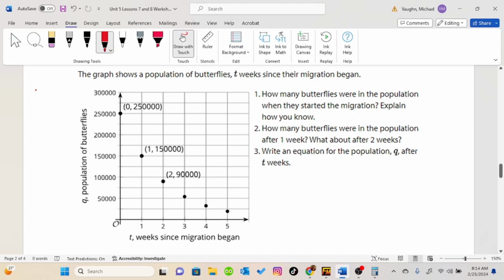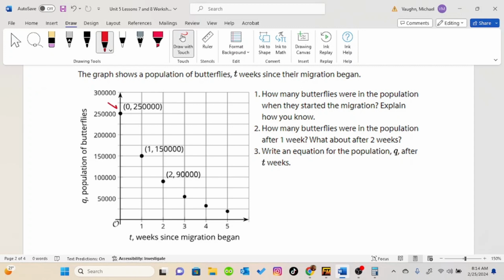The graph shows a population of butterflies T weeks since their migration began. How many butterflies were in the population when they started the migration? Explain how you know. If we want the starting population, we are going to find that at the y-intercept.